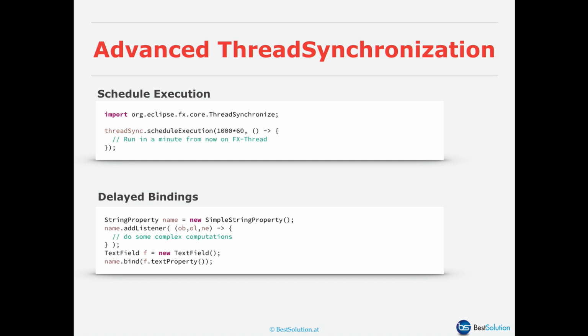This is what we call delayed execution. And this is what ThreadSynchronize provides us. All we need to do, we have ThreadSynchronize, we give it the timeout, we give it the property it should observe, and we give it the callback, the consumer in this case, that should be called if nothing is happening inside 200 milliseconds, for example.